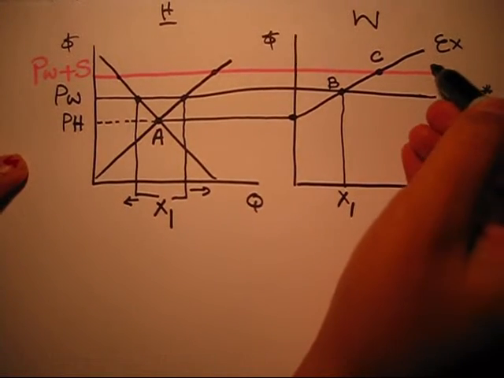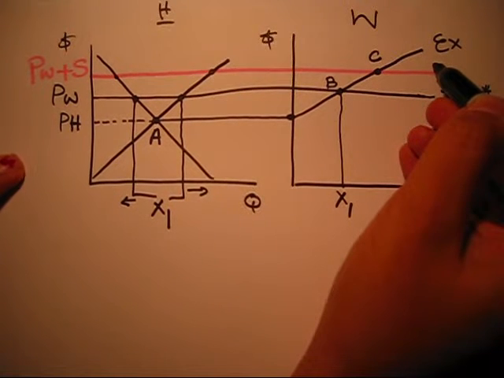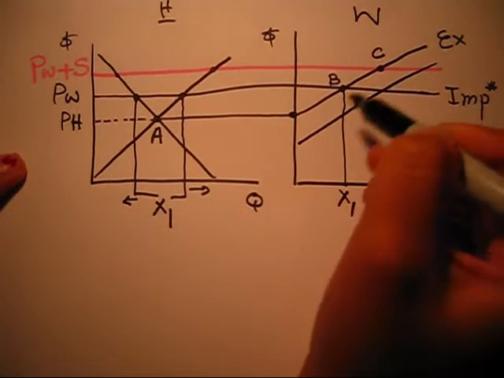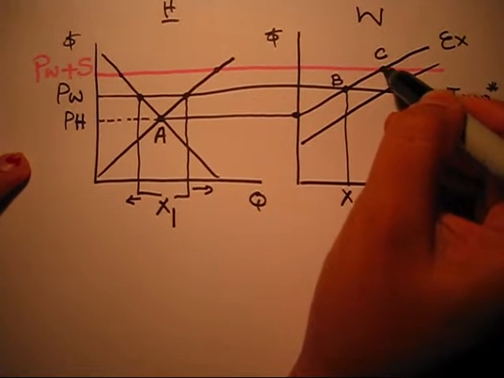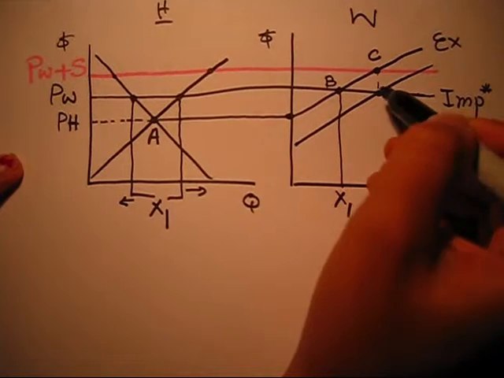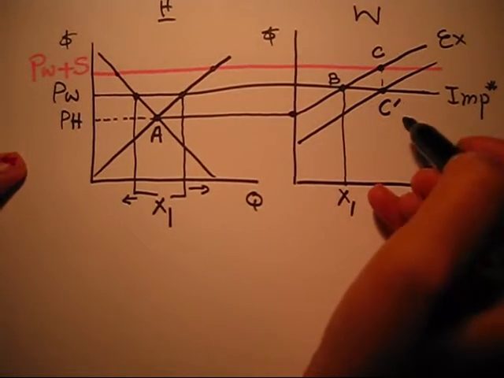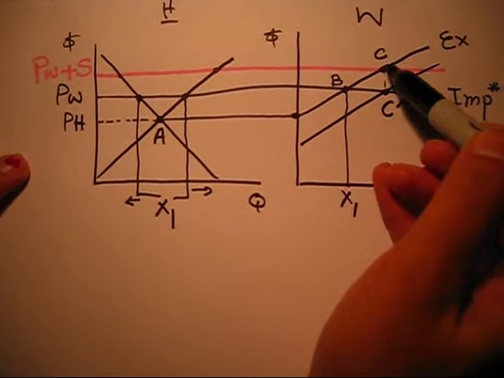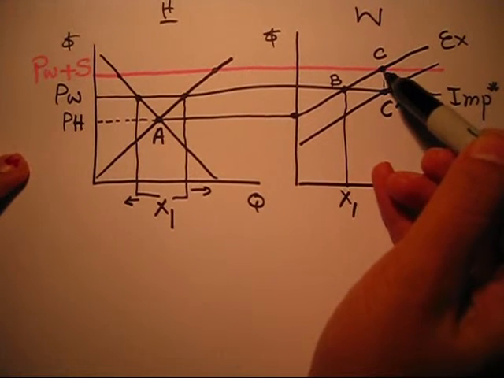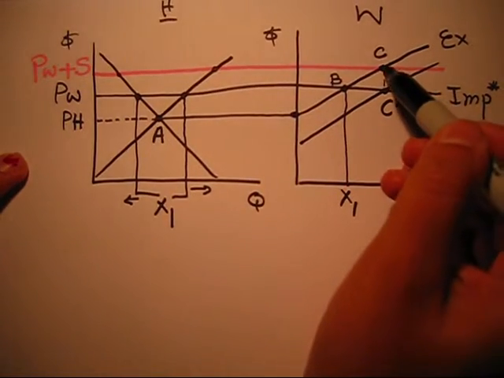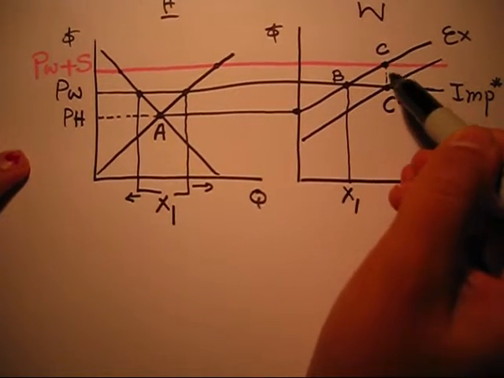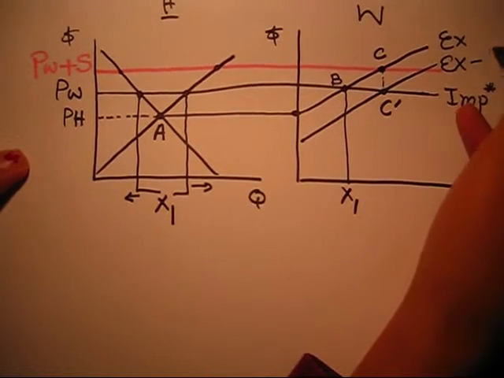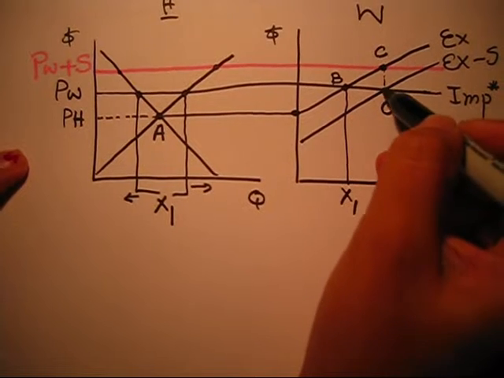It's cheaper for them to produce goods, so that would be a downward shift of EX, and point C would move down towards a new point, we call it C prime. So first we observe the movement from point B to point C, and then since home producers are getting money from their government, marginal cost of production decreases, and it would be a downward shift from EX to EX minus S, from point C to point C prime.